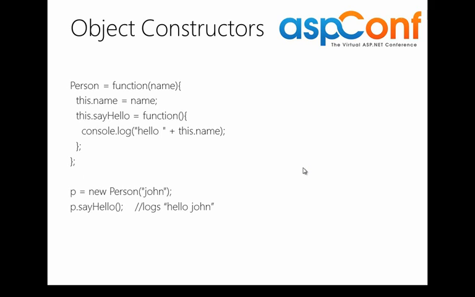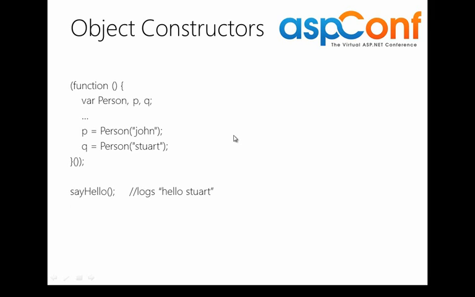Right, so when we're calling Person without the new, what's happening is that John is getting passed into this function, and then this refers to a document or window. So effectively, you're declaring a global variable called name and assigning it to John, and then you're declaring a global function called sayHello, which has this body that looks up this.name, which is also, you know, global name, and that's what it logs.